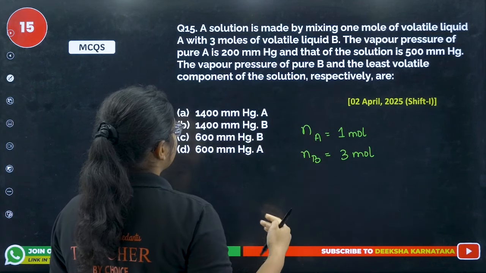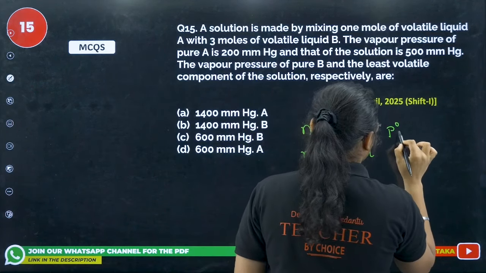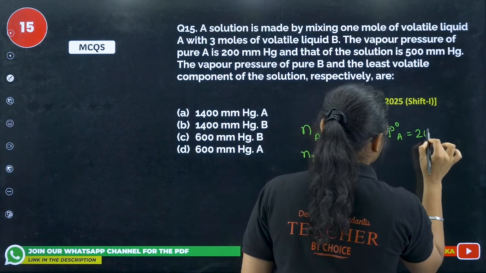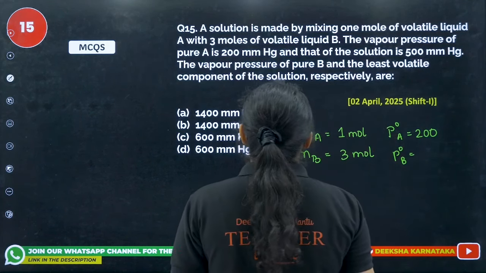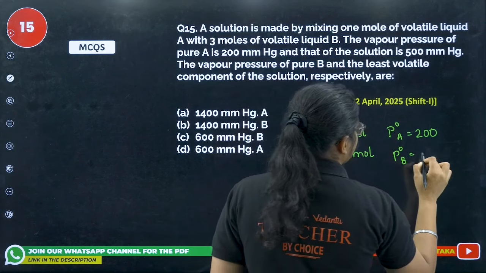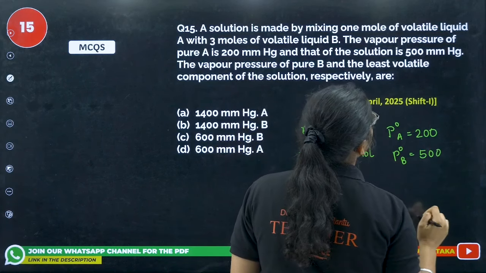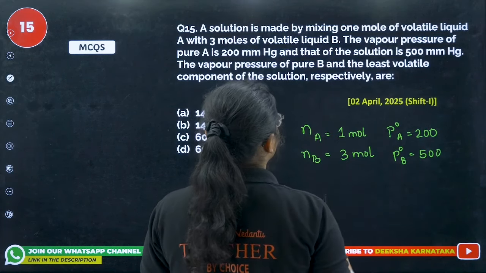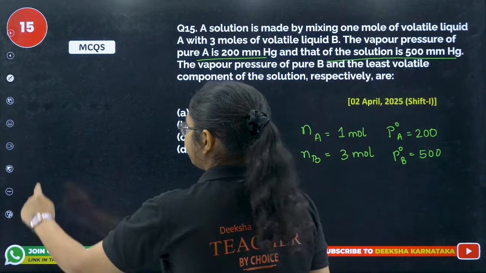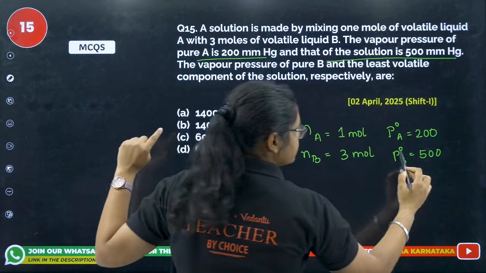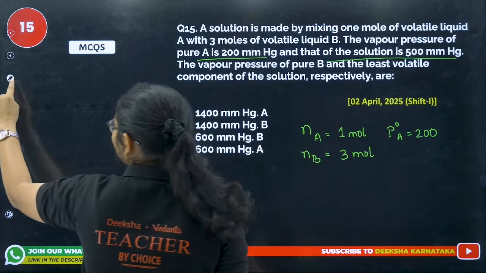The vapor pressure of pure A is 200, and that of the solution is 500, not B. So P total is given to me as 500.